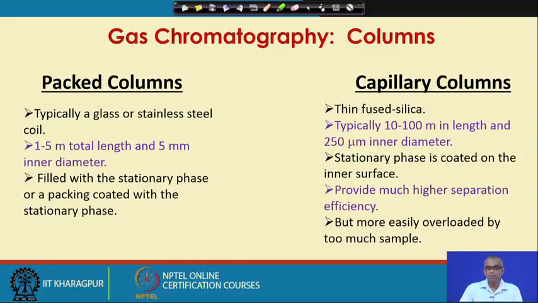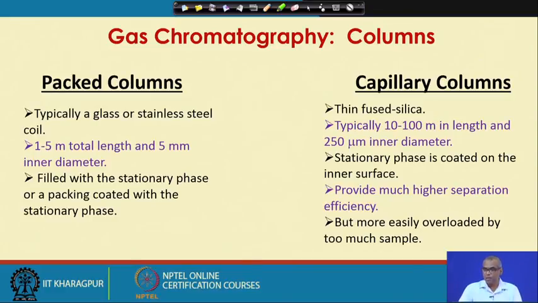The capillary column consists of thin fused silica. Typically, the capillary column is of 10 meter to 100 meter in length and 250 micrometer inner diameter. So, the diameter of capillary column is much less than the diameter of the packed column. In fact, the name also suggests that because it is capillary column.